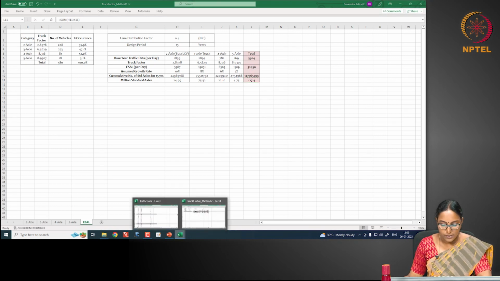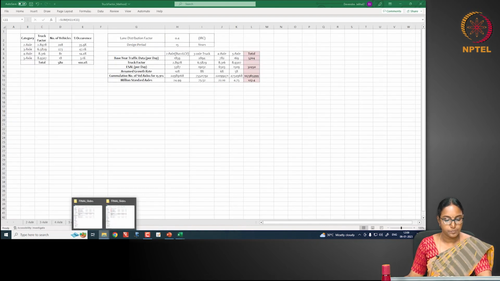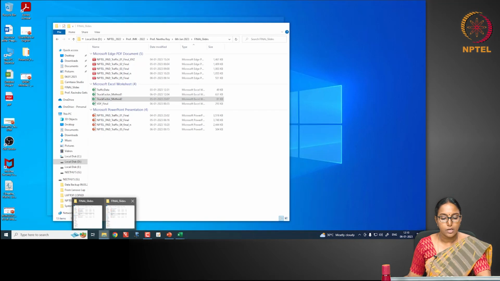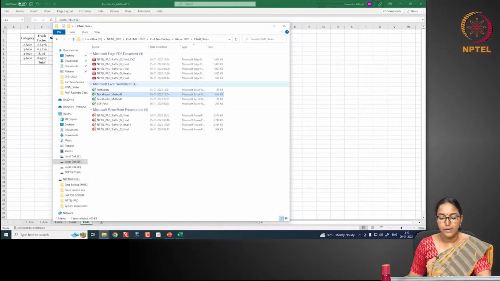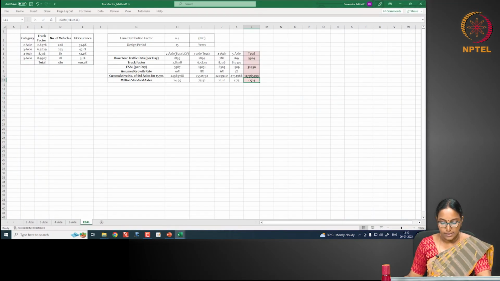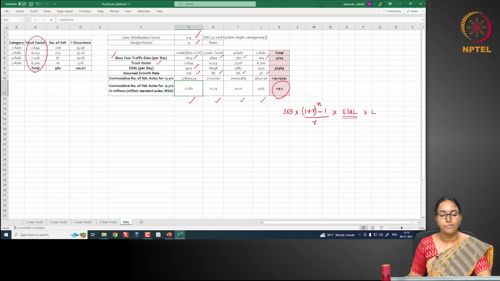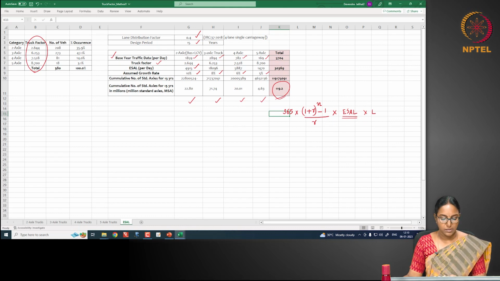What we have observed is that if you apply the truck factor, you have got the design traffic as 127 million standard axles, but from method 1, wherein it is divided into different load groups, the design traffic is 119 MSA only. So there could be a slight difference.